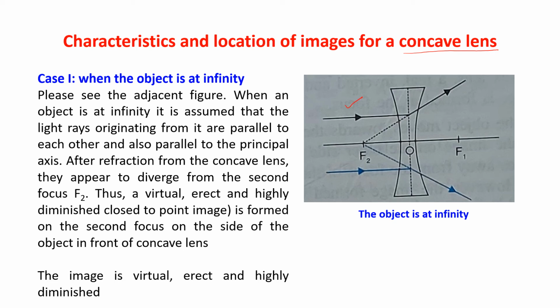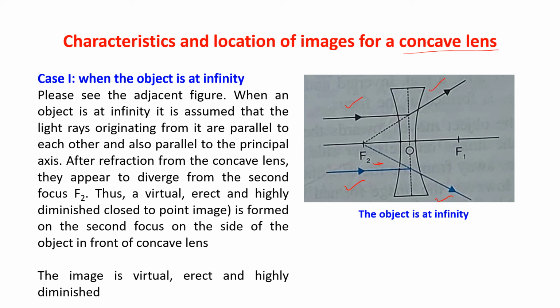So this is one parallel ray and this is another parallel ray, which are parallel to the principal axis. As it is a concave lens, a diverging lens, both the rays will diverge in this position. And then if we extend those rays in the backward direction, they will appear to meet at the focus f2.